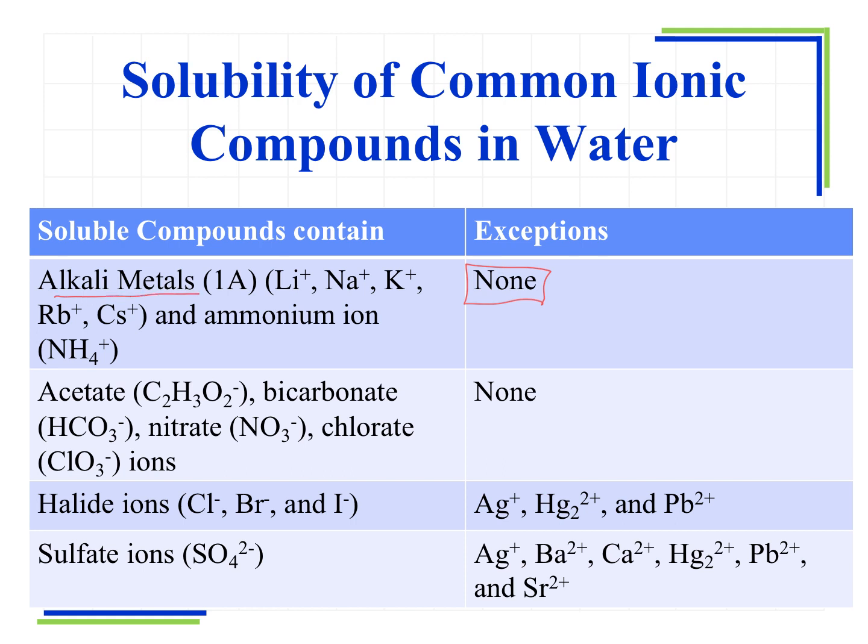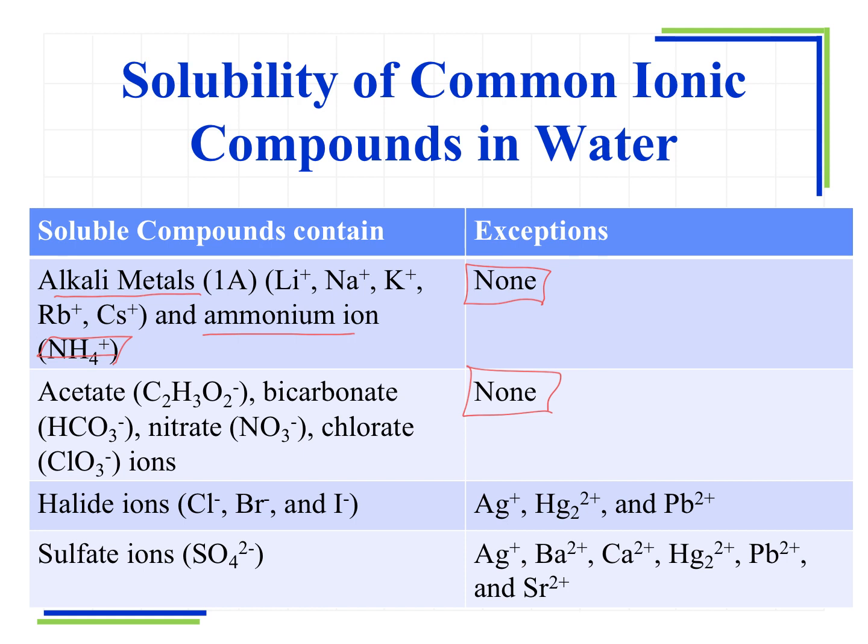These are alkali metals, the metals in the first group of the periodic table, and all ammonium salts, NH4+. If you see these cations in an ionic compound, they are definitely soluble, no exception. The next ones are the anions that have no exceptions, and they are soluble in aqueous solutions. You can see it in this chart.